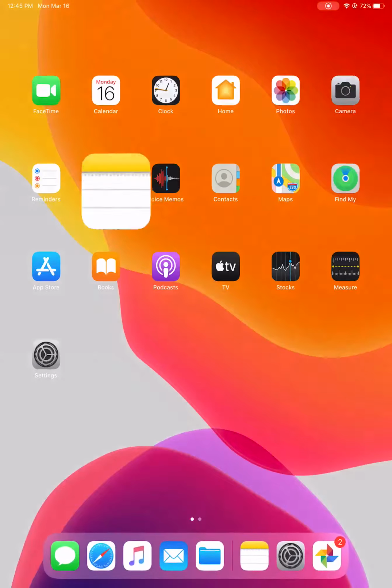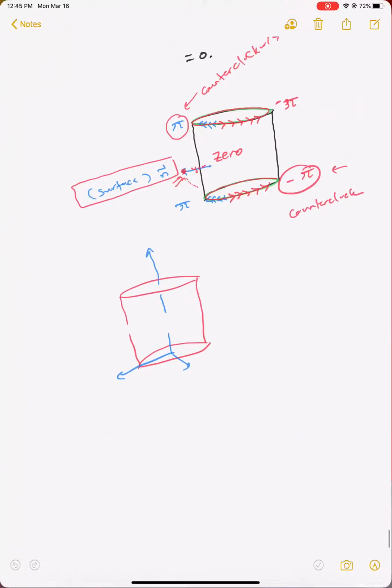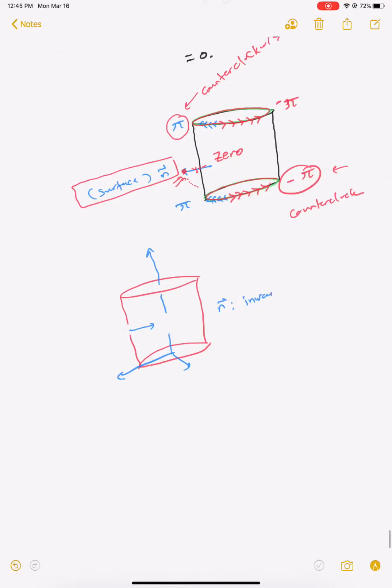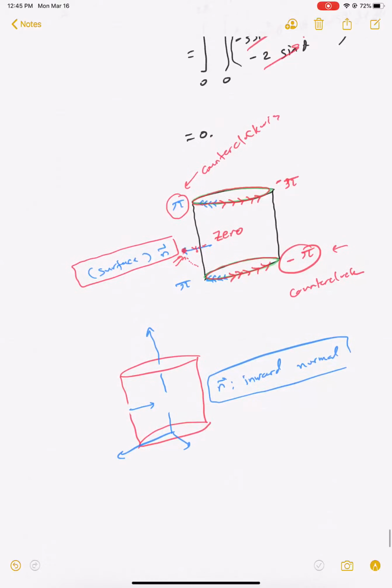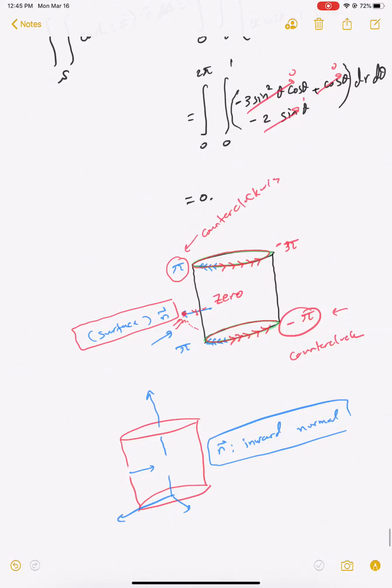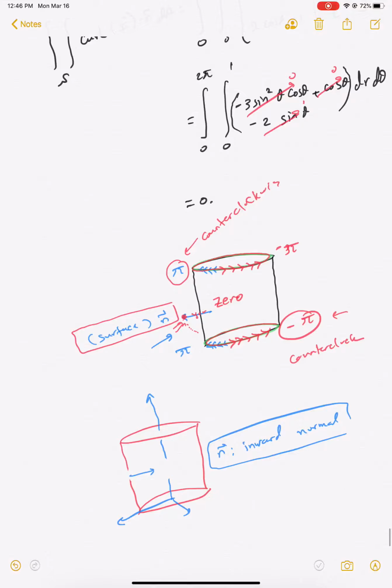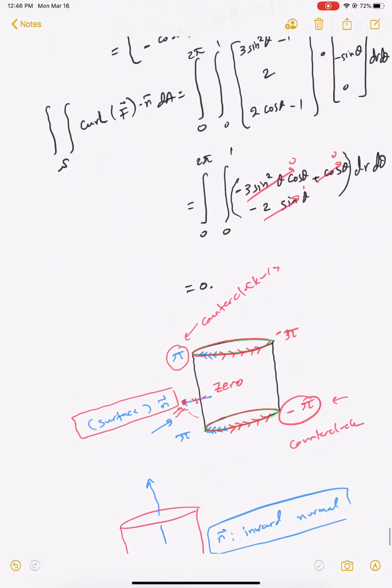So the normal vector that we computed is the inward normal vector, okay? The normal vector that we did here is the outward normal vector, but the outward normal vector gives you negative the inward normal vector. So this answer is still 0, it's negative 0.